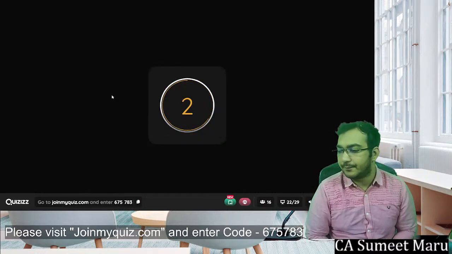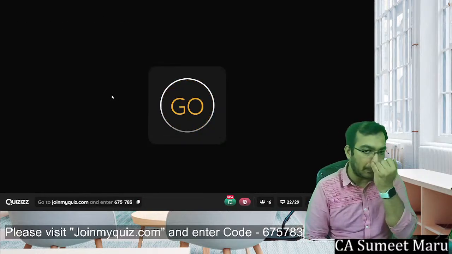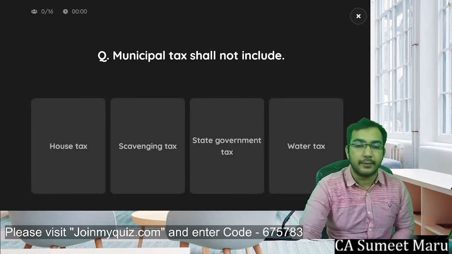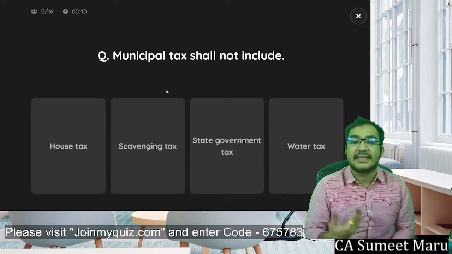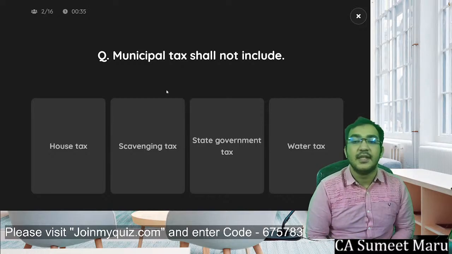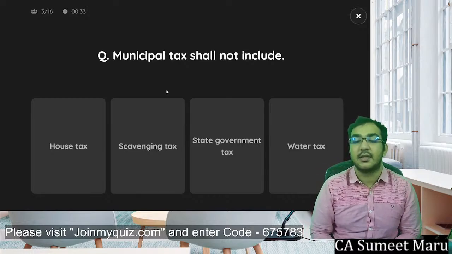Question number 22. Municipal tax shall not include house tax, scavenging tax. Scavenging is the sewage tax, you can say, a type of state government tax, or water tax.